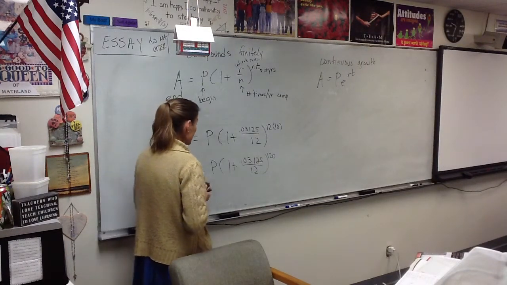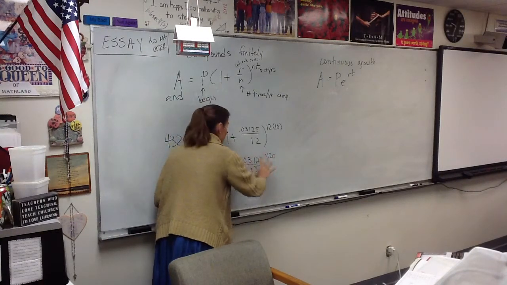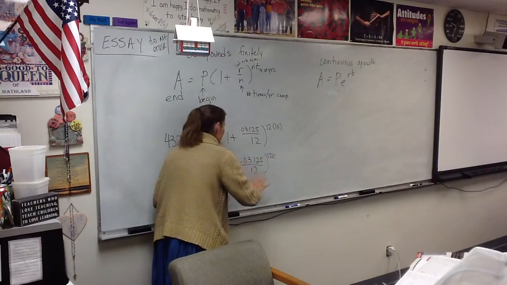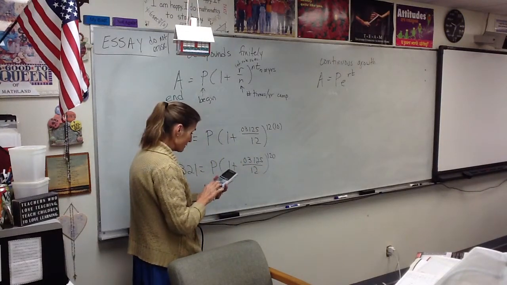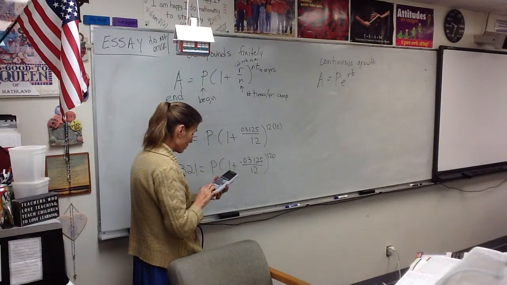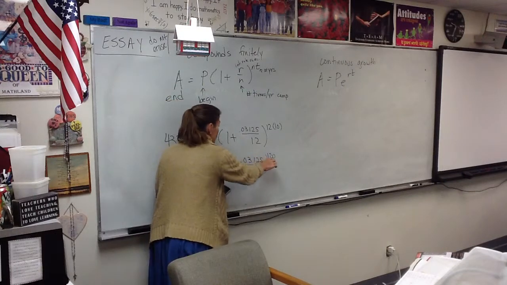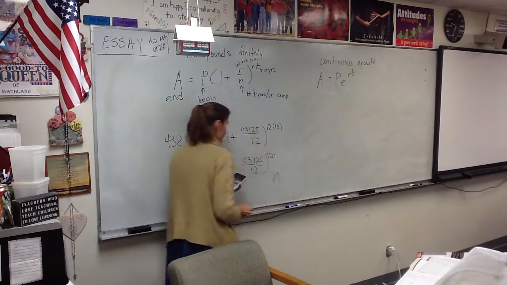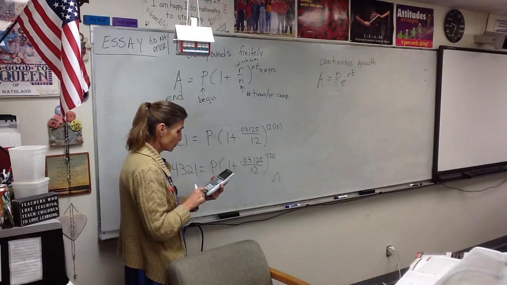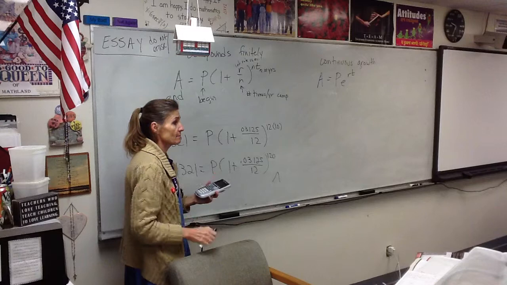When you put this into your calculator, you should put all this in at one time. Don't write down a bunch of junk and round it off. So parentheses, 1 plus 0.03125 divided by 12, parentheses, and then raise it to the 120th. Did you get 1.366?